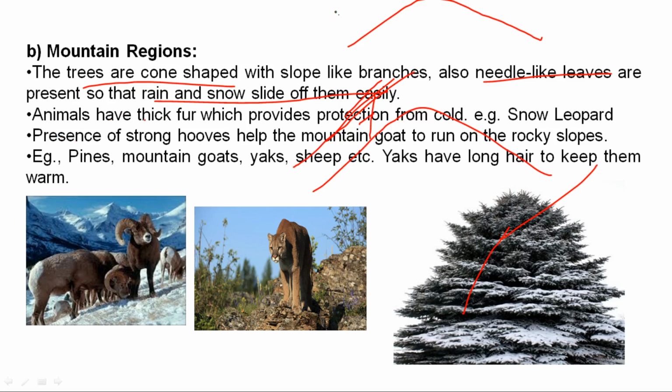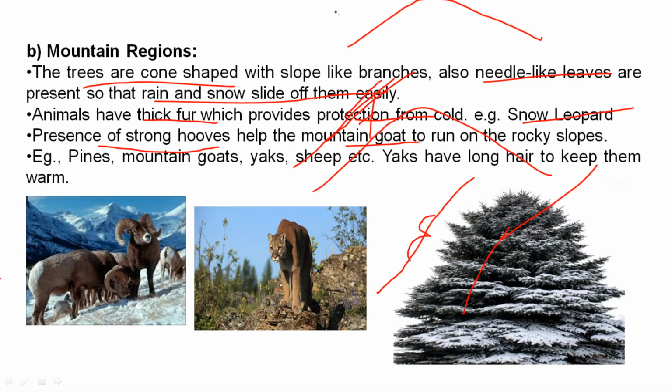Animals have thick fur. Those animals present in mountain regions have thick fur, which provides protection from cold, like snow leopard. Okay, presence of strong hooves helps mountain goat to run on the rocky slopes. Rocky slopes means stony, sloping areas where you could slip and fall.